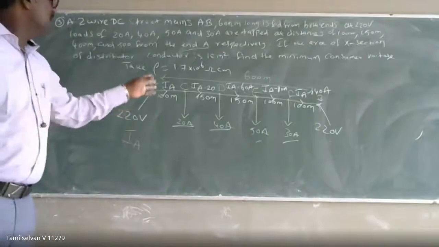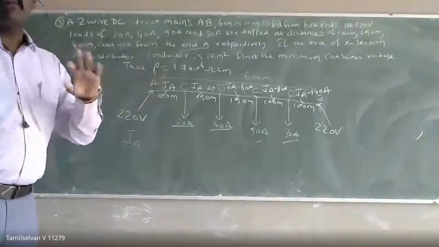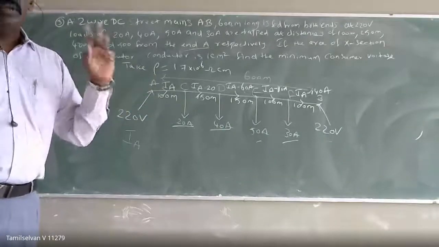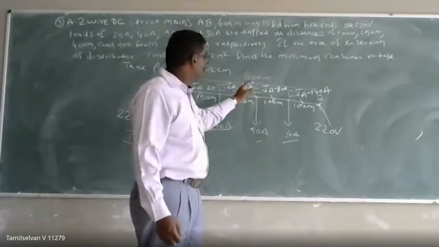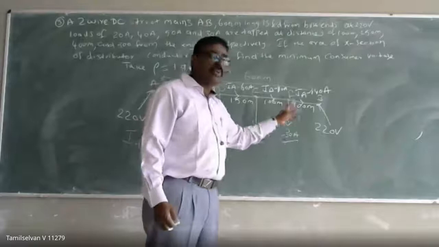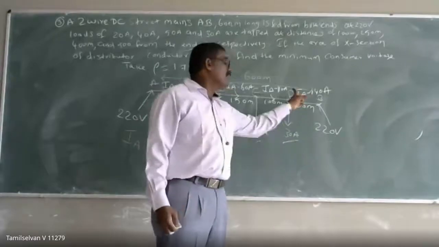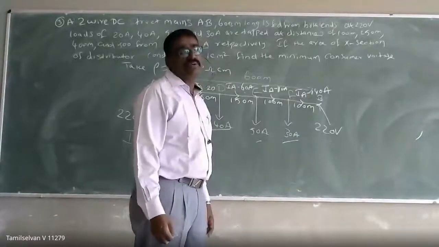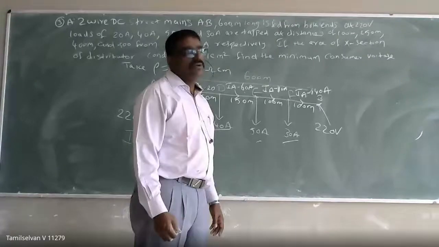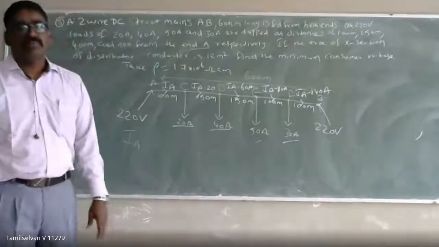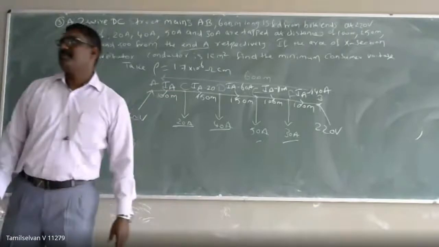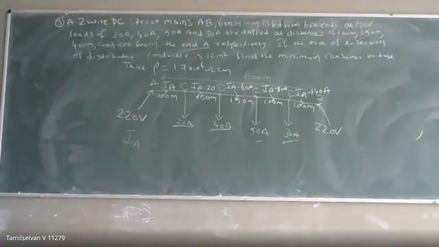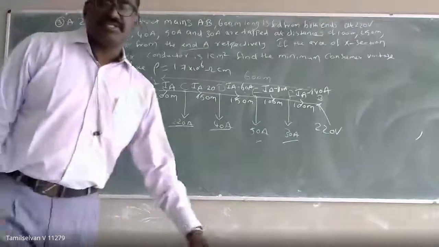If you get a negative current after calculating the IA value, it shows that from the B point the current is being supplied to that load. Based on that, find out which is the minimum potential point. Okay, try this one. We'll discuss in the next session.